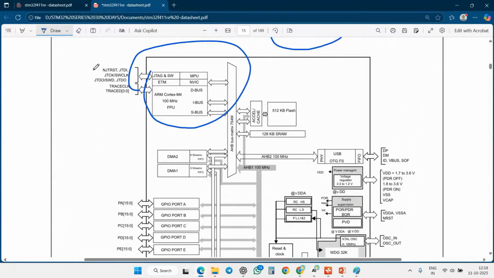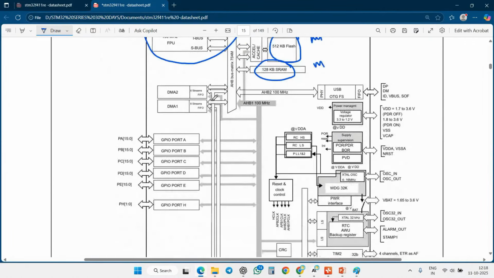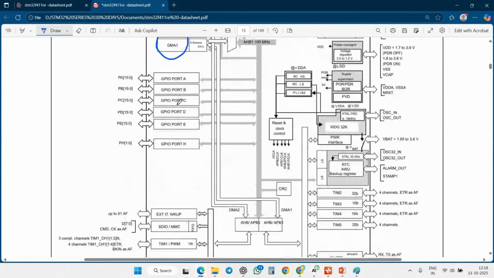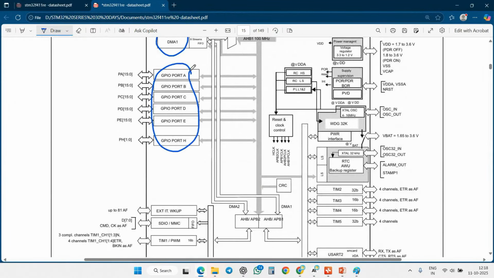Because this is your processor, and inside you are having memory. So this is my another memory, and this is my another memory. And DMA is there, and all the GPIO present inside this one.